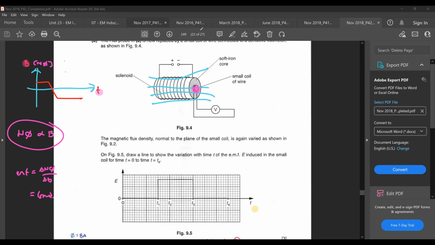Okay. So this one, I think not so much issue with this. Gradient is 0. EMF is 0. Then this one, gradient constant, EMF will be constant.